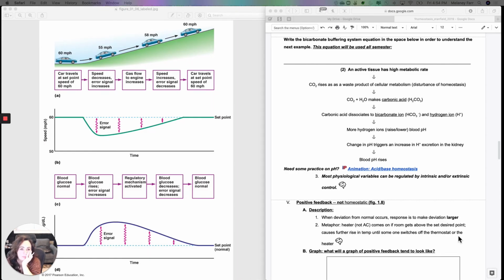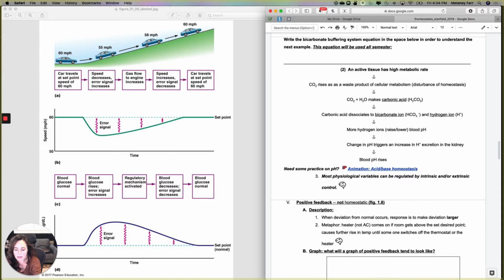So we've got an active tissue, and it has a high metabolic rate, but this time we're not going to be so much concerned about the oxygen concentration as we are going to be concerned about the pH. Okay, so the carbon dioxide concentration will rise as the tissue does more aerobic cellular respiration.